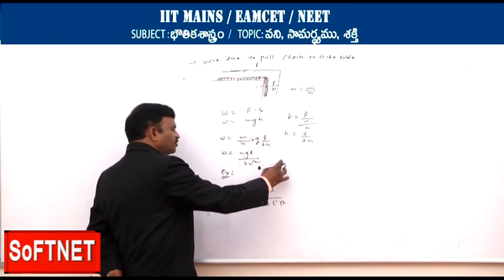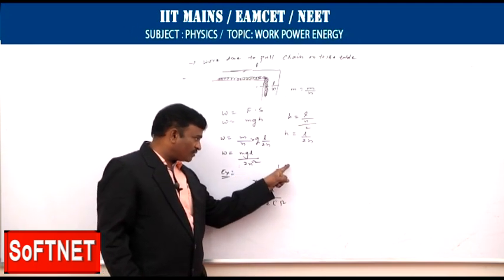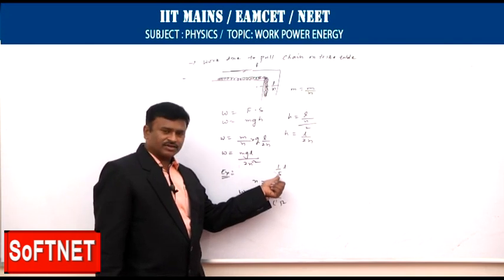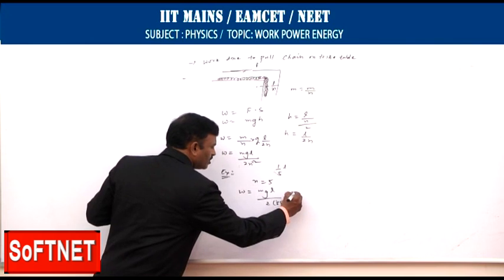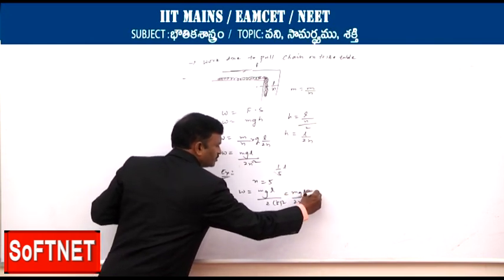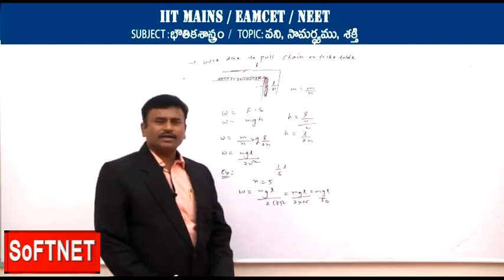Here you should not take 1 by L in place of n. Out of the L, how much fraction is hanging? That is the fifth part. So that only we need to take as n, which is 5. Therefore mgL by 2 into 25, so mgL by 50. That much work will be done.